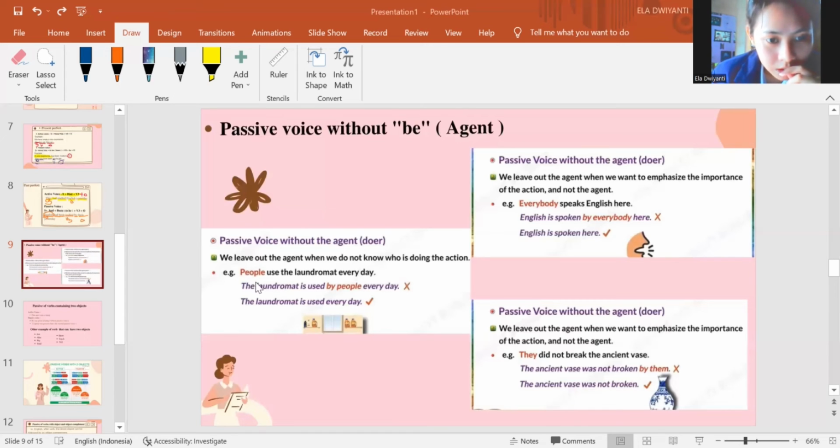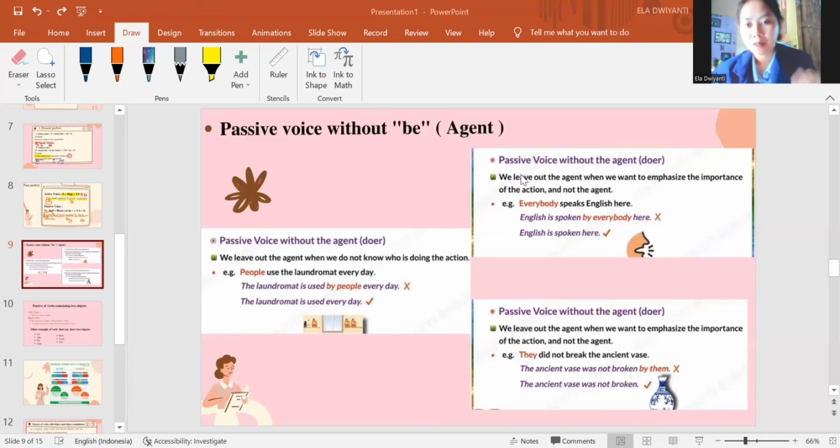"The laundromat is used by people every day" is wrong. We don't use the agent here because we do not know who the people are. The correct passive voice is "The laundromat is used every day."